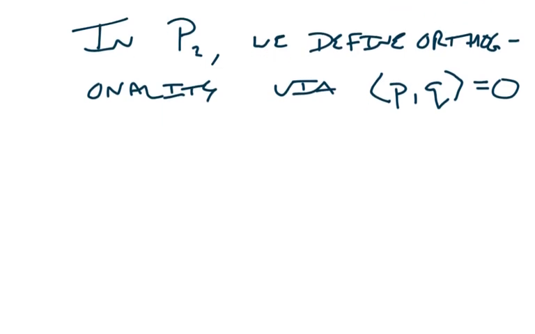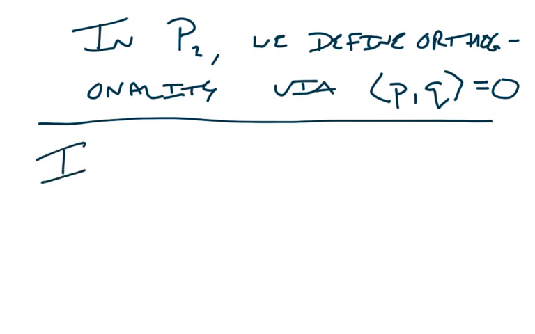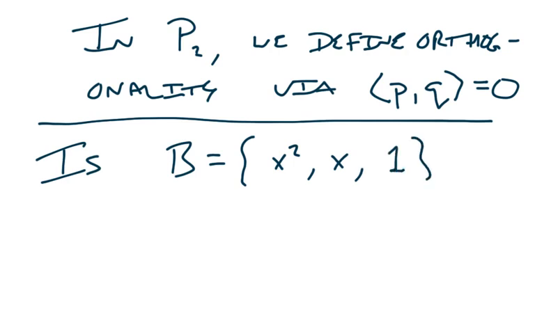Alright, so one thing that we can check, with the spirit of the other basis videos in mind, is whether or not this basis, let me call it B, which consists of x squared, x, and 1, is an orthogonal basis.